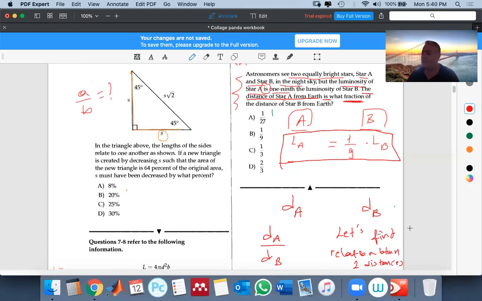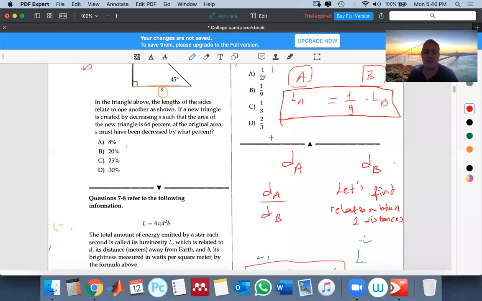How can I find it? My dear students, the formula is here. That's it. We have to use this formula. Let us write the formula. LA, what is LA? 4 times pi times d squared.